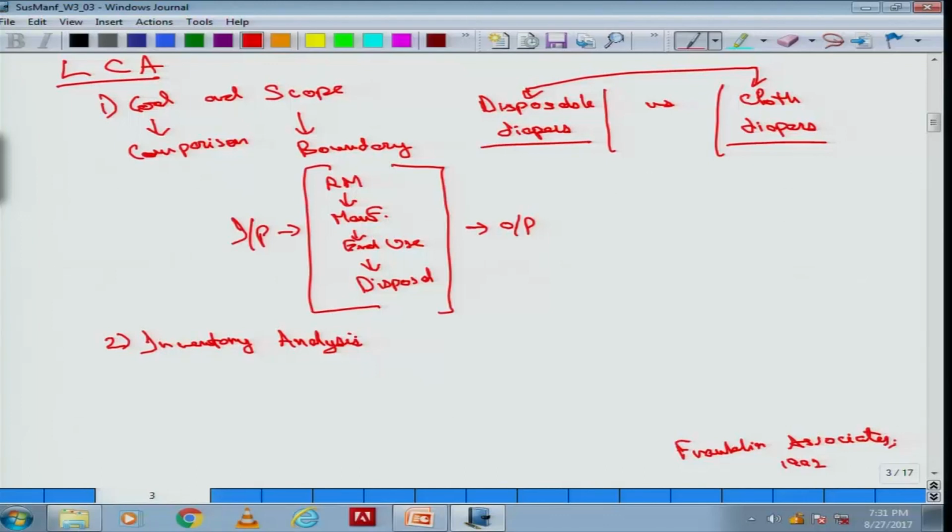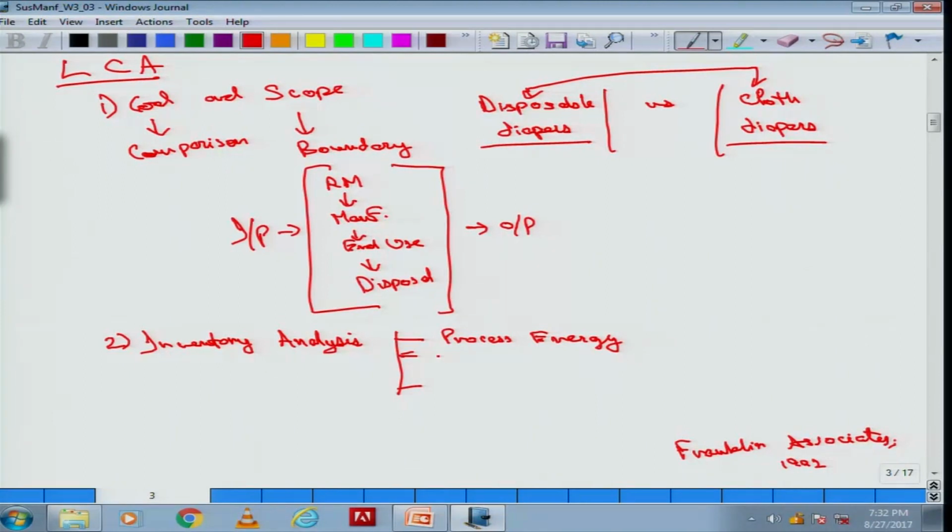Typically, when these disposable diapers and cloth diapers are compared, there are multiple factors that contribute to determining the preferred diaper. For the analysis part, Franklin Associates used the process energy. Process energy here is the fuels that are used to manufacture the diaper. Then feedstock energy.